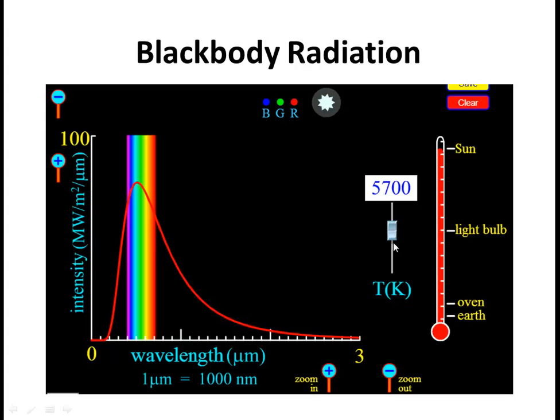When you scroll the temperature up and down, you'll see how the spectral profile changes. As you go from high temperatures to lower temperatures, the peak of the spectral profile shifts to higher and higher wavelengths. The color of this little sun icon will change, and it'll show you what the object at that temperature would look like.